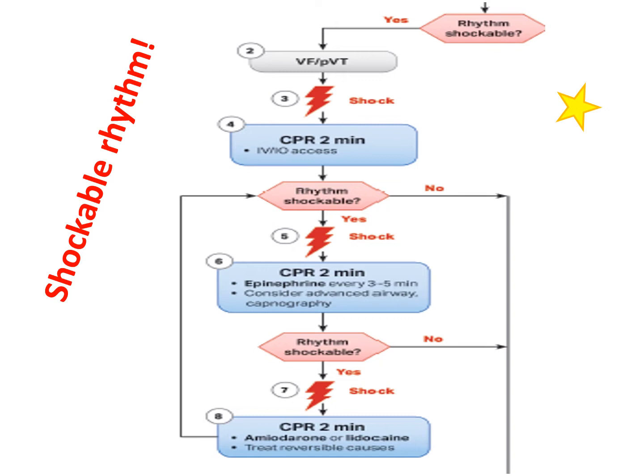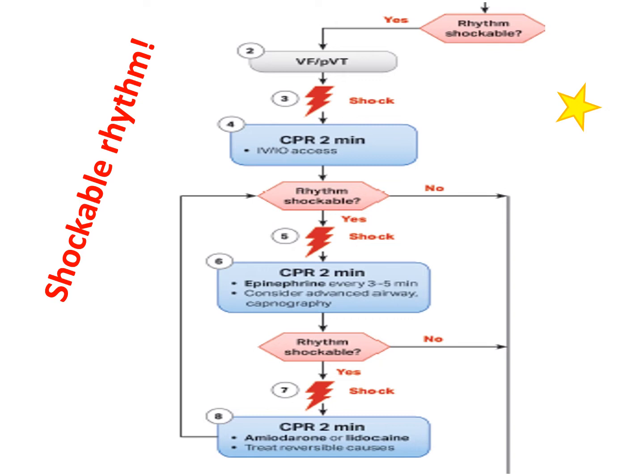You continue chest compression at the same time you are preparing for shock. Please do not wait for 2 minutes chest compression. You may start giving shock as soon as possible.